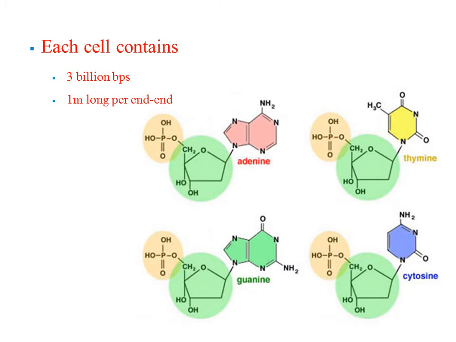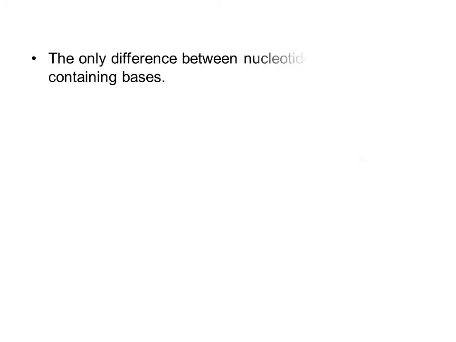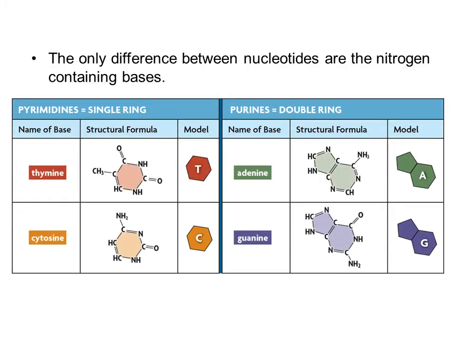Each cell contains 3 billion base pairs. The only difference between nucleotides are the nitrogen-containing bases. If we look at this image, we have 2 categories: purines versus pyrimidines.